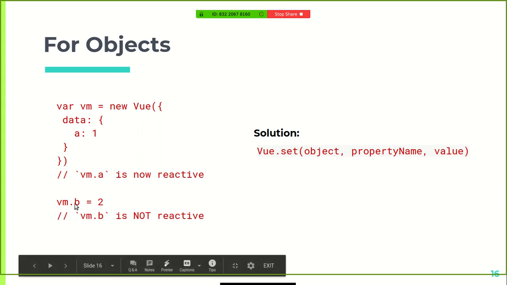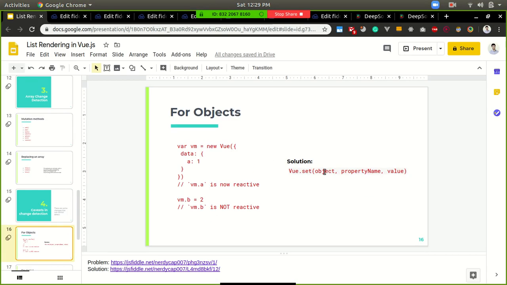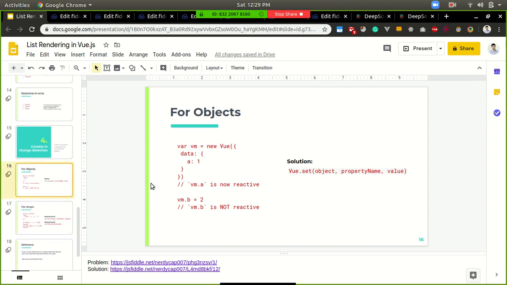But if I add a new property, it will not be reactive. What we use in this case is Vue.set. Wherever reactivity is not occurring, we can make it occur by using Vue.set, because it allows us to add a reactive property to any object.